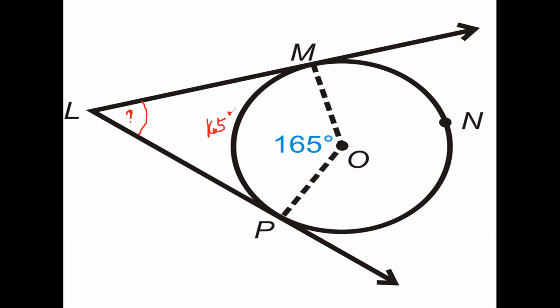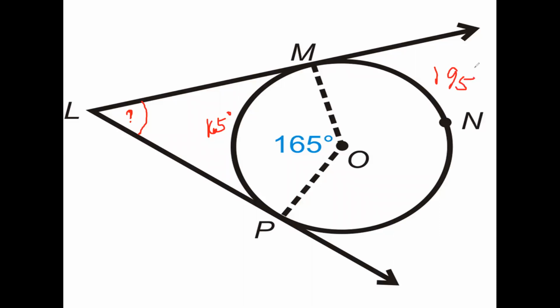That's correct. Now, given that this has 165, ano kaya ang measurement ni arc MNP, which is our larger arc? Yes, Brian. 195 degrees po. So this will be 195 degrees.